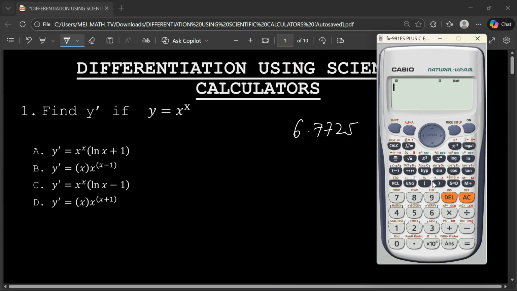We're going to have alpha x to the power alpha x, and then times 1 plus ln of x. Then we close it. And so the answer is exactly 6.7725. So option A is the correct answer.